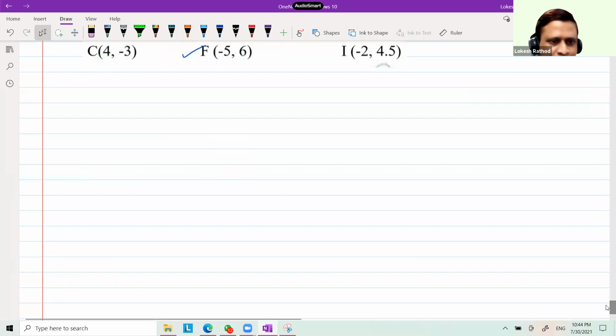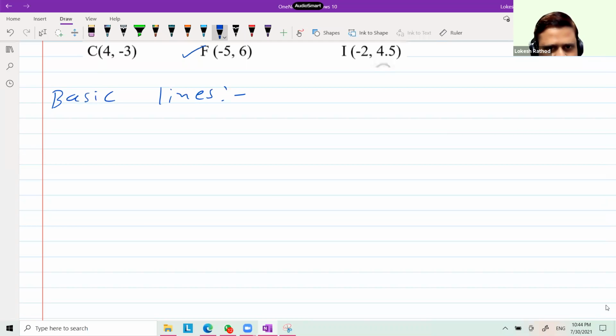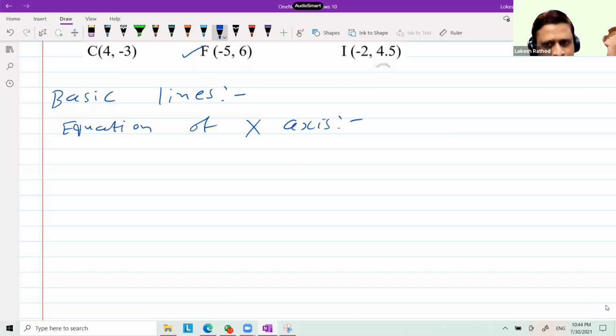Those equations we must know. So first, the equation of the x-axis. Can anyone tell me what is the equation of the x-axis?